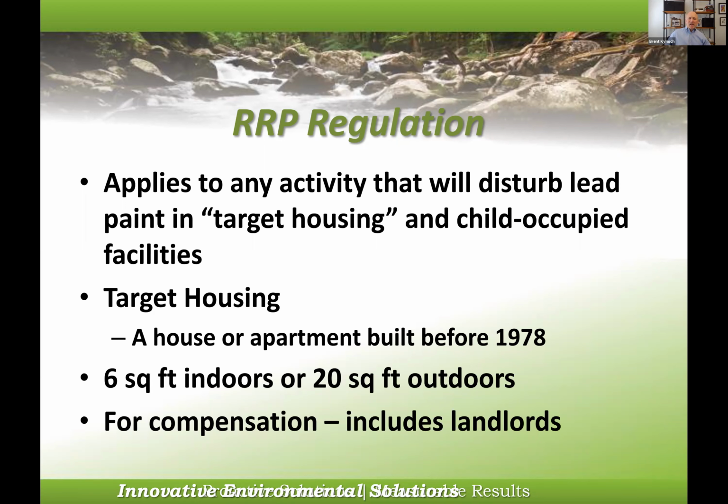The RRP regulation applies to any activity that would disturb lead-based paint in target housing or in child-occupied facilities. And target housing is defined as any house or apartment built before 1978. There are some exceptions to that, but in essence, the simple way to describe it is that target housing means any house or apartment built before 78.